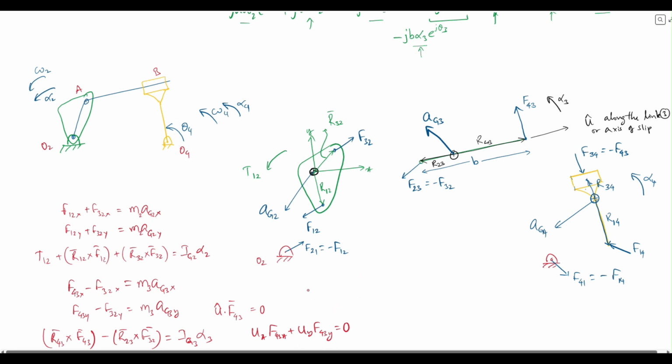And we already know that because this U is along the axis of slip, you can directly write the vector components of U as Ux as cos of theta 3 and Uy as sine of theta 3.